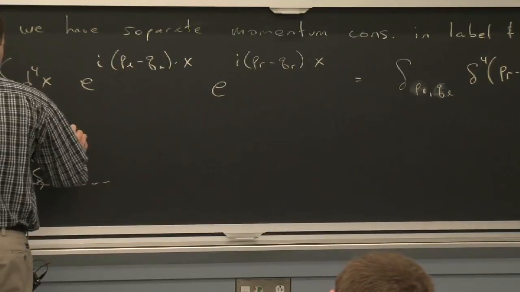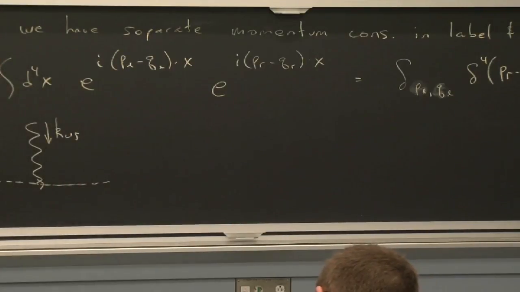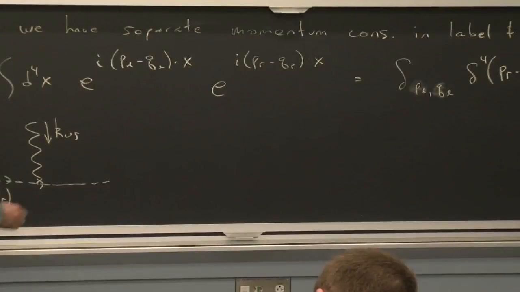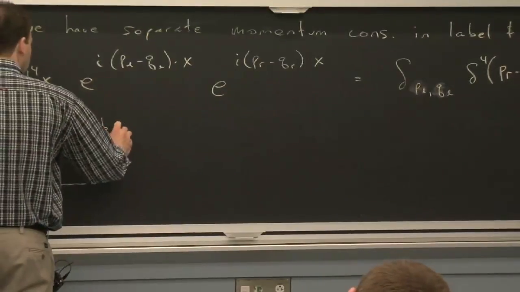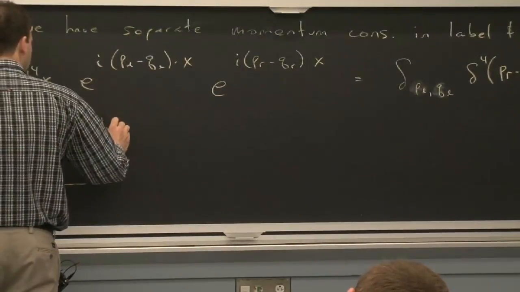Let's say we have an ultrasoft particle hitting a collinear quark. The collinear quark, because it's collinear, carries two types of momentum: a label P and a residual. The ultrasoft particle only has a residual, so let's call that K residual.